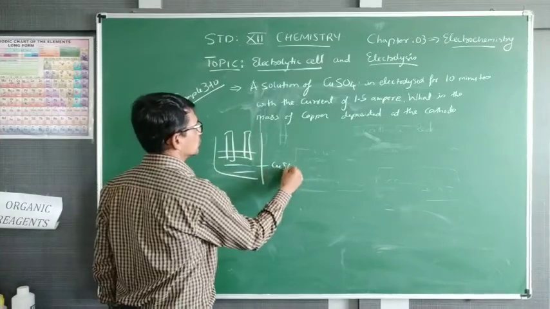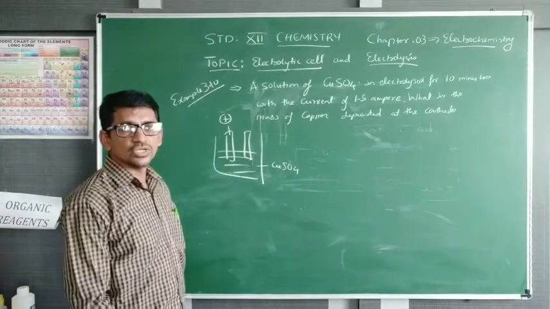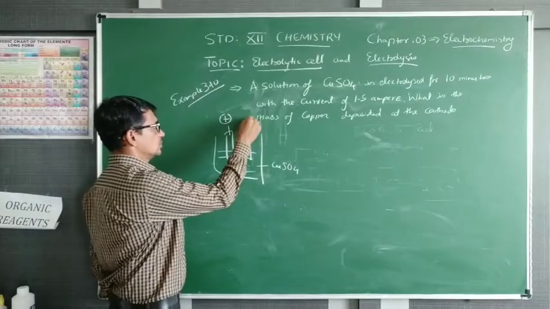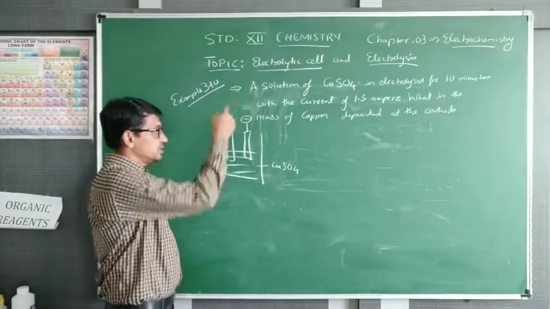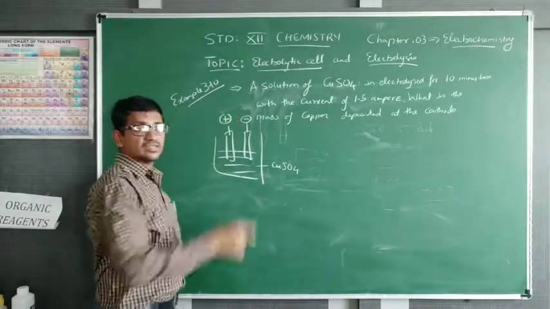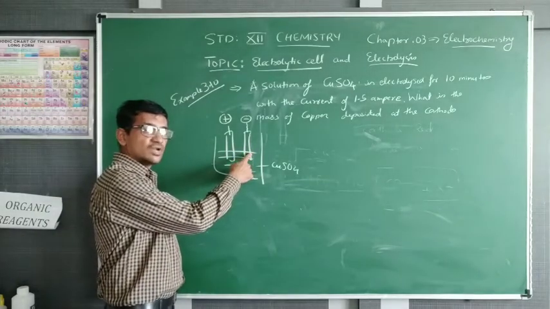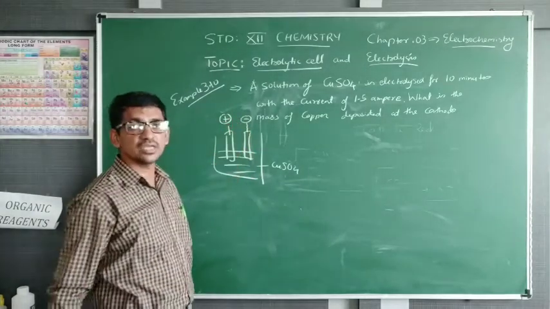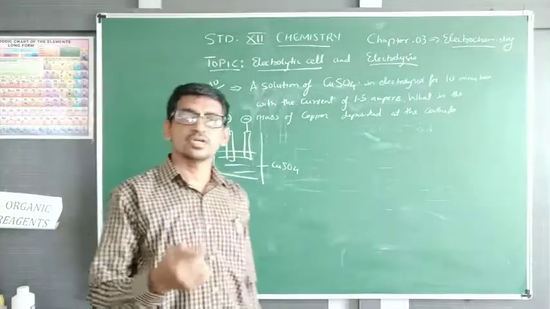Suppose this CuSO4 solution is joined to positive current on one side and negative current on the other. Then the electrode joined to the positive terminal of the battery attracts negative ions, and positive ions go to the other one and are reduced. So the negative terminal is the cathode and the positive terminal is the anode. On cathode, reduction will take place.